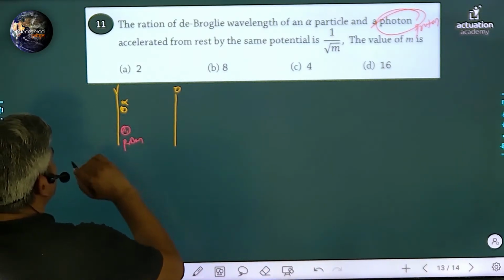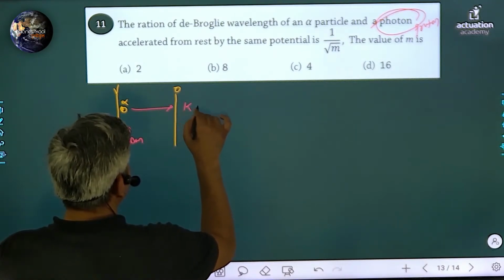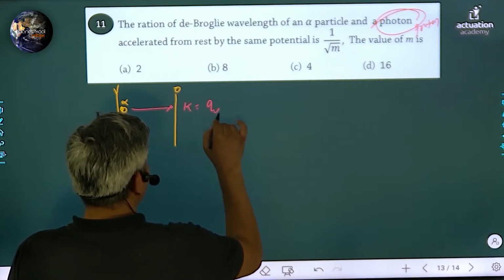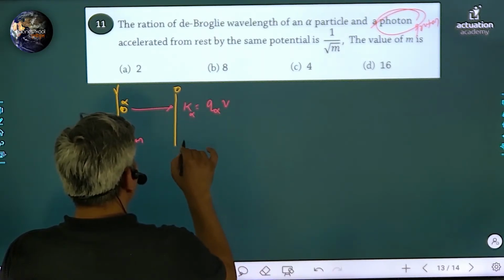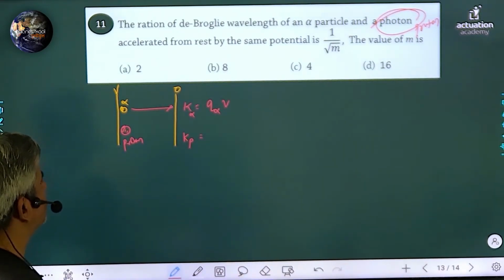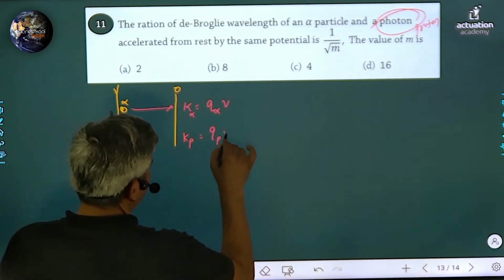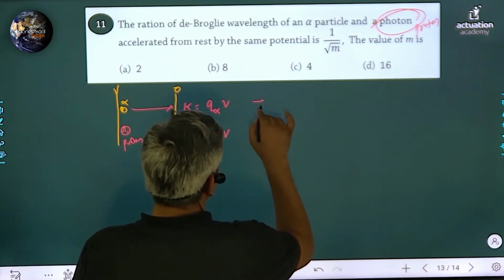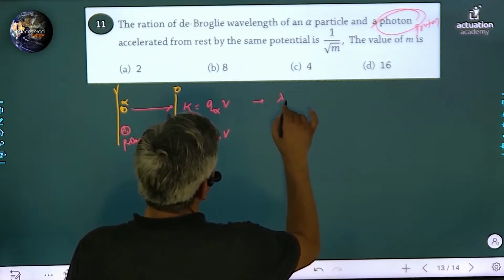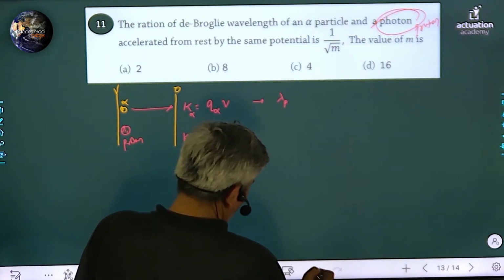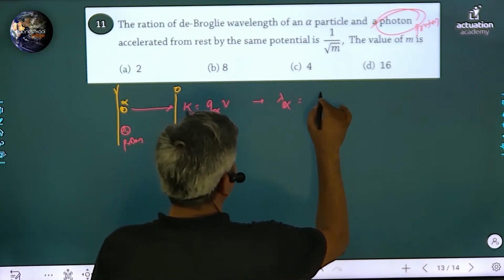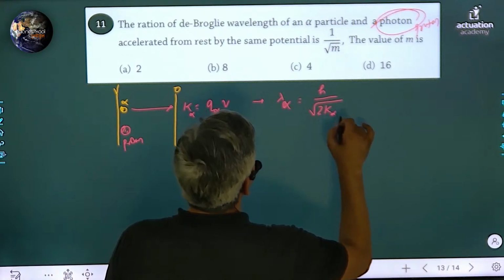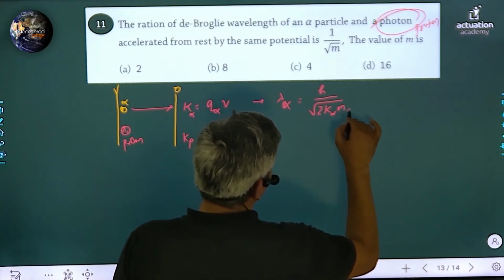Now we know the kinetic energy of the alpha particle can be written as the charge of alpha into V, and kinetic energy of proton can be written as charge on proton into V. Now lambda of alpha particle is equal to h over under the root 2 times kinetic energy of alpha particle into mass of alpha particle.